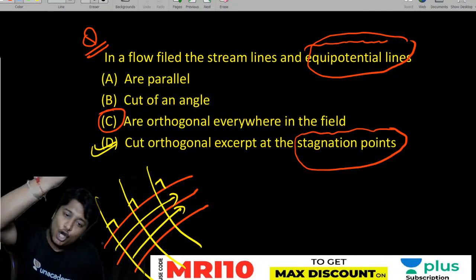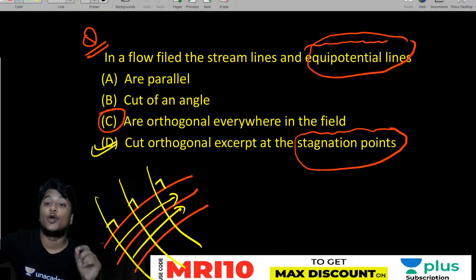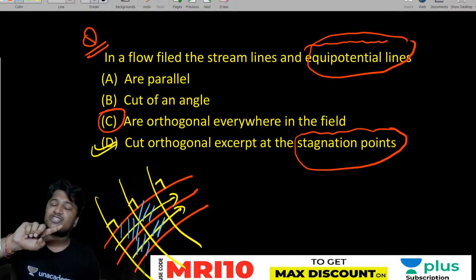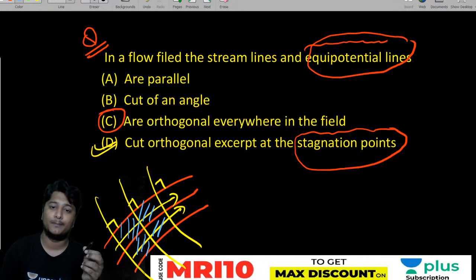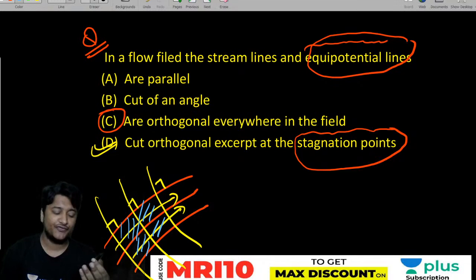And that line crosses the streamline. That you have discussed in geotech. Geotech में आपने एक topic पढ़ा होगा, flow net. यही होता है flow net. This is something we call a flow net. वहां आपने equipotential line और streamline दोनों पढ़ा होगा. So equipotential line is something which you have already discussed in the geotech part.